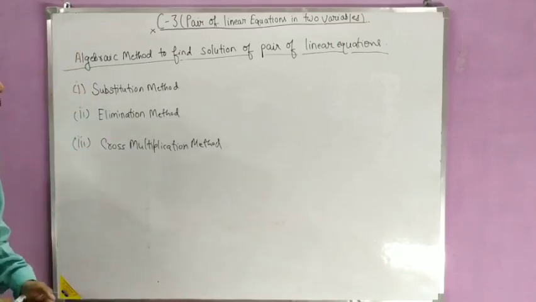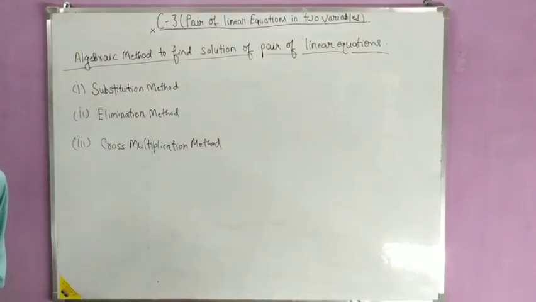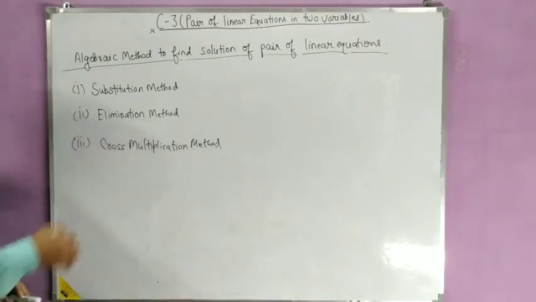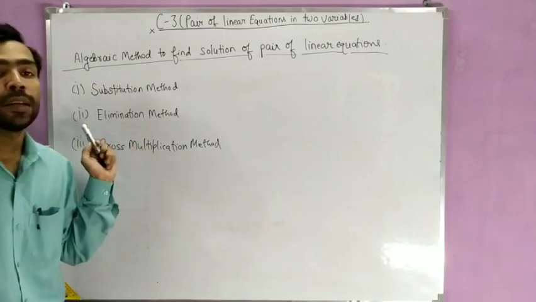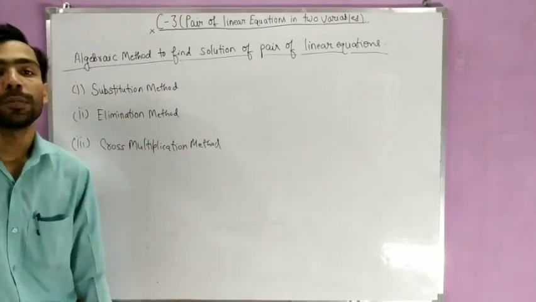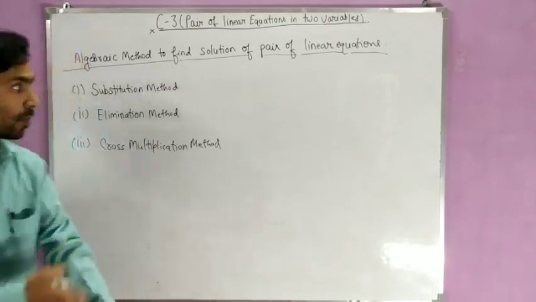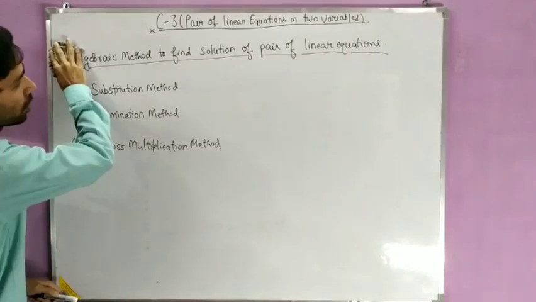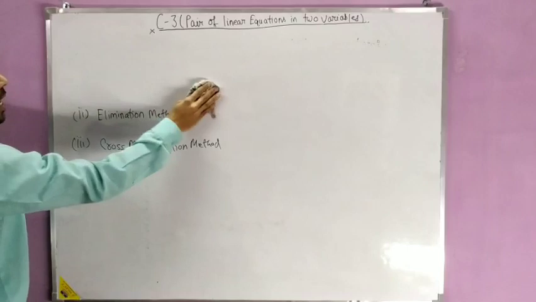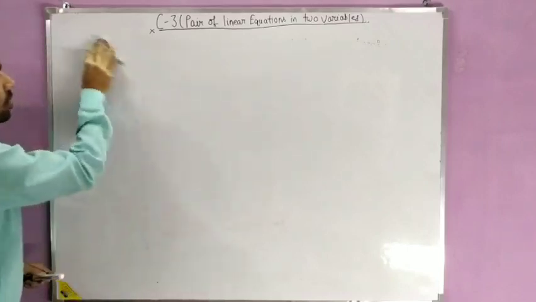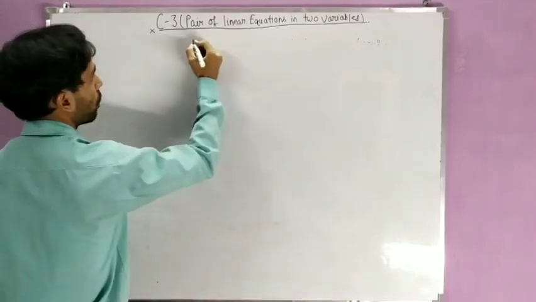Okay, so first we will begin with the substitution method. First note down this thing. There are three methods, which are the substitution method, elimination method, and cross multiplication method. Now we will start from our first method, that is the substitution method.